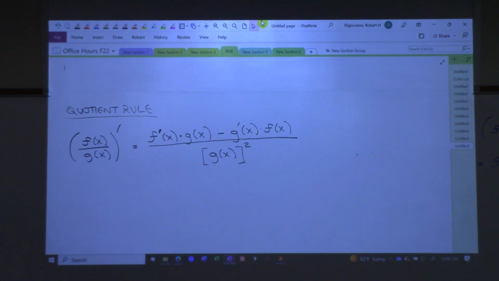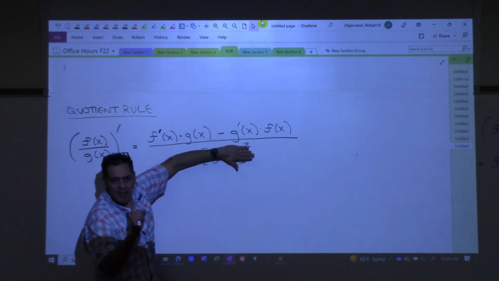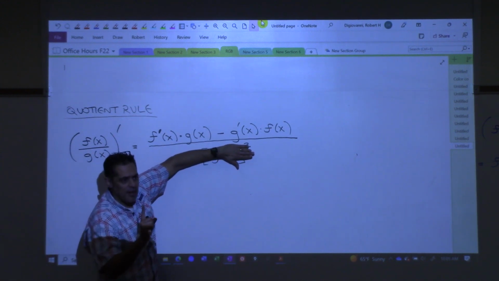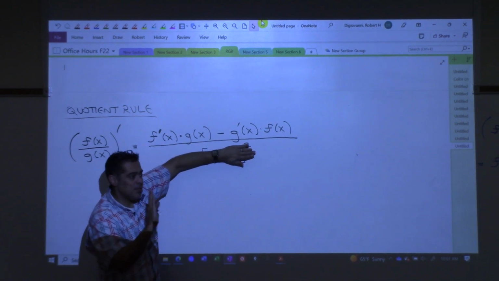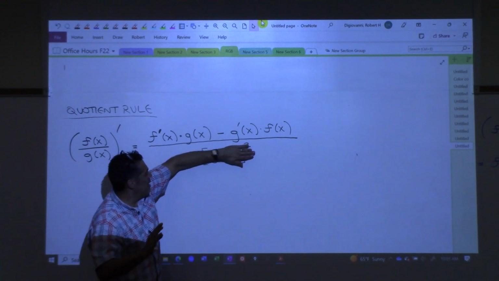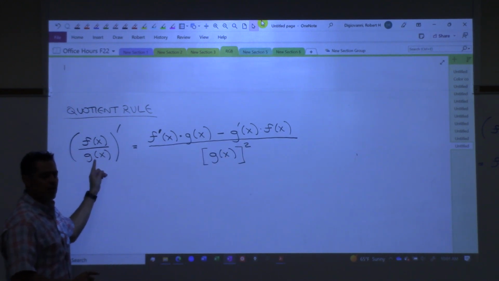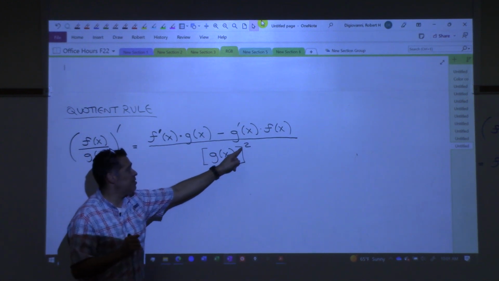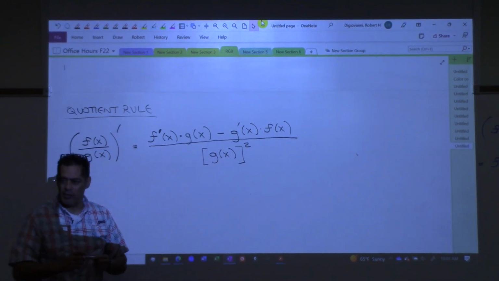So you're basically going to do the product rule like we just did, except you're going to use a minus instead of a plus. And when you're done, you need to take that answer and divide it by the denominator function squared. Notice down here, you're not going to take a derivative. You're just going to divide by that function squared.